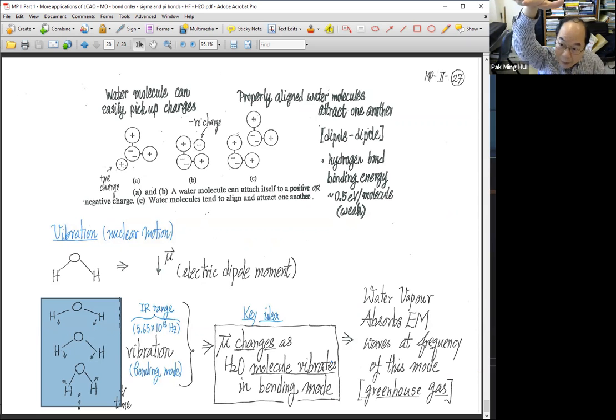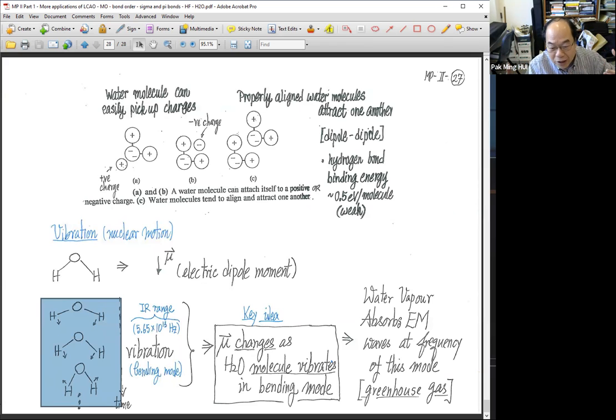So the water vapor in the atmosphere will absorb this Earth-radiated thermal energy. Of course, after absorbing it, it will re-radiate, but only part of it will be going out. Part of it will be re-radiated onto the Earth again. That is to say, it traps some heat.